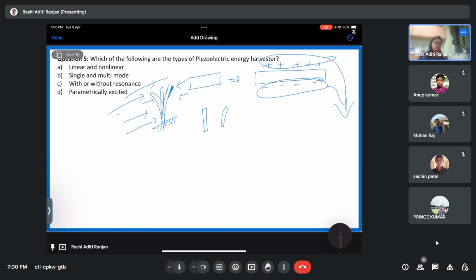It is going to possess some charge around it. And we'll just harness that charge, send it to the storage and store it, or maybe power the appliance or whatever we want to do with it. We can do it, right? So this is how energy is harvested through the piezoelectric material. I have given one example, you can have multiple examples.